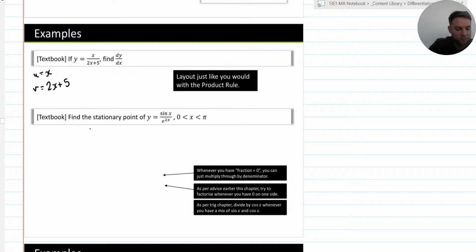Now, you'll notice in this formula that we were using, it's probably worth writing this down. We've not got much space over here, so I'm going to do this on the right hand side.